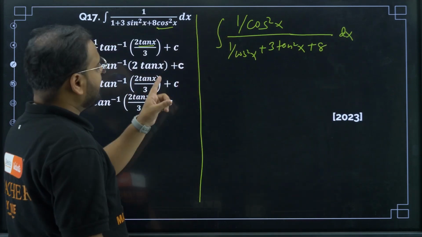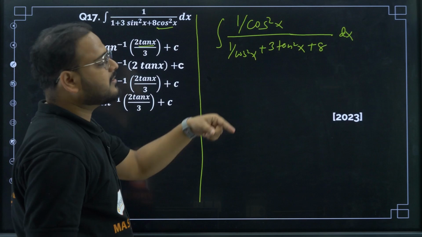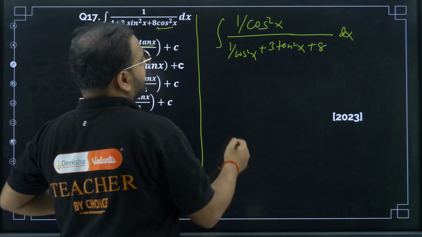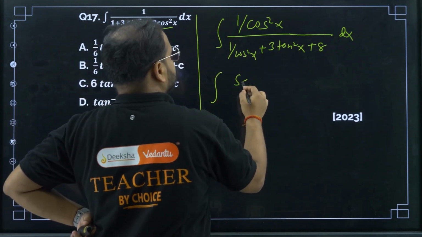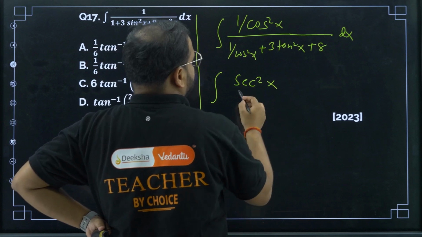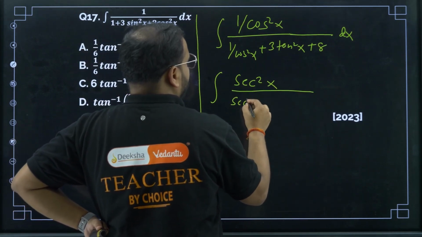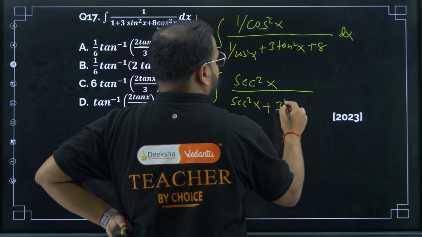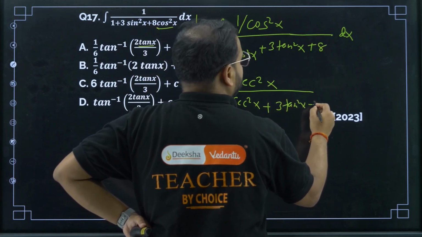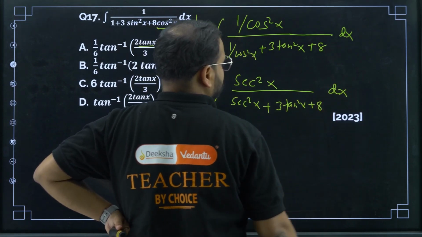Dividing by cos, sin by cos will become tan and cos by cos will be simply 1. So I get here sec square x, and over here again sec square x plus 3 tan square x plus 8 dx.